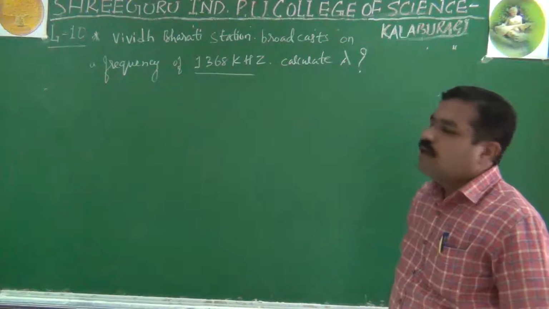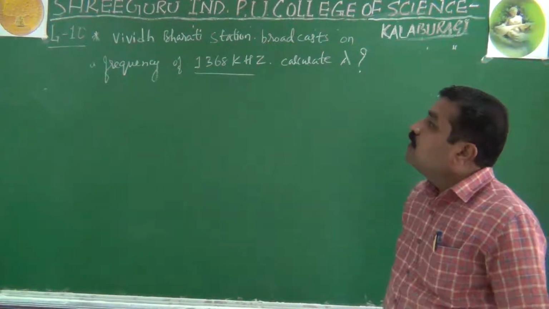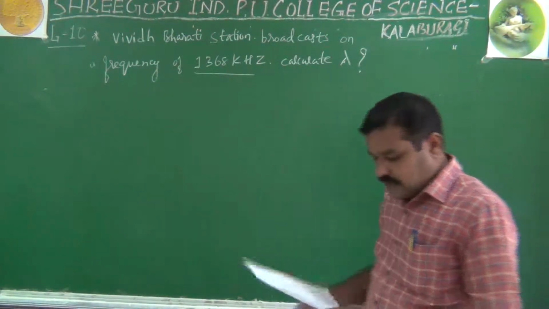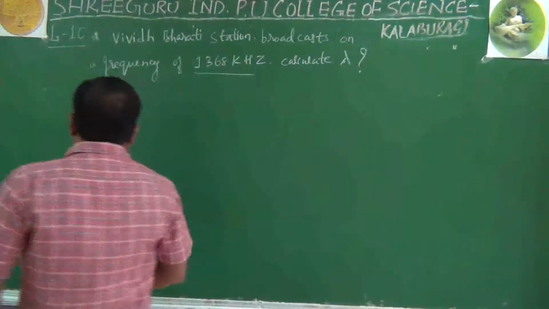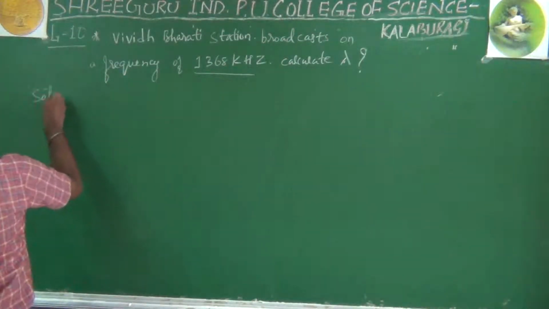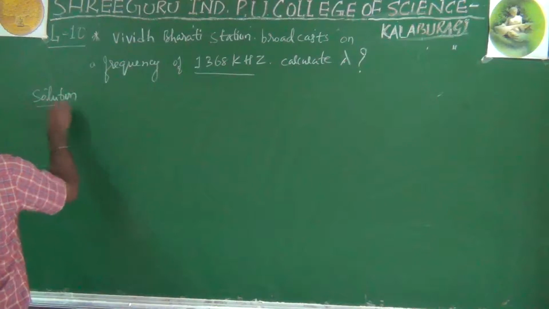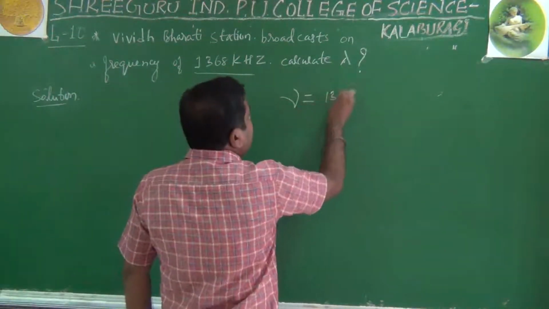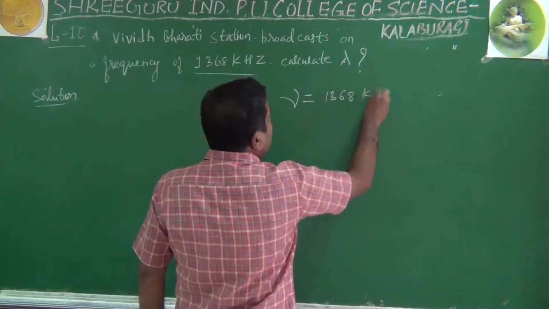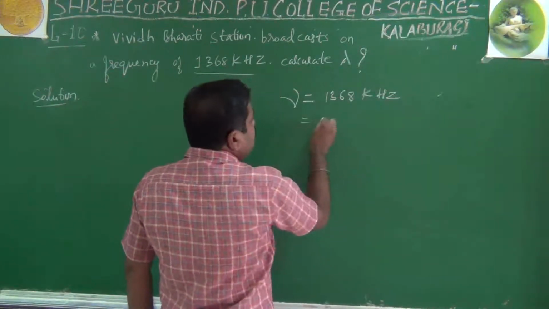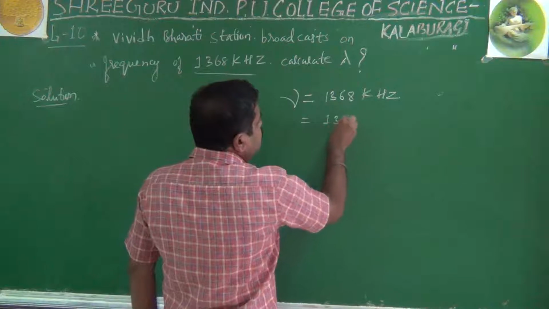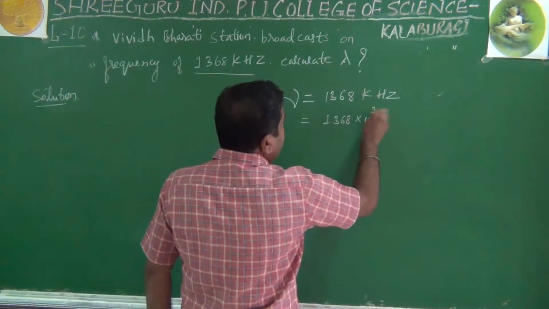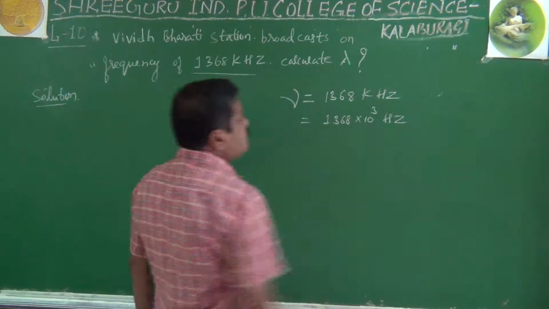For that they are asking you lambda, how to calculate the wavelength. See here. Solution. What is given here? Frequency, that is nu. How much is it? 1368 kilohertz. Convert into hertz: 1368 into 10 to the power plus 3 hertz.